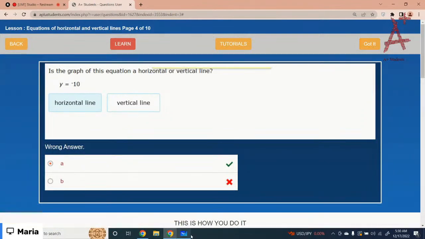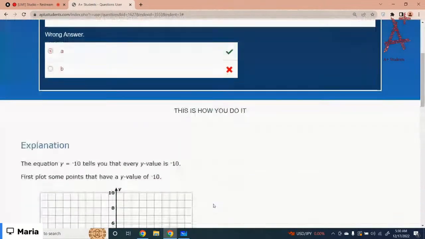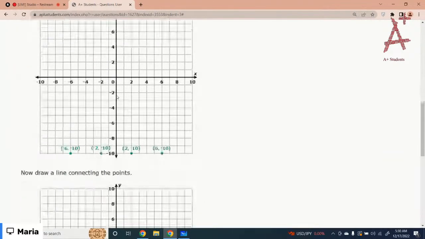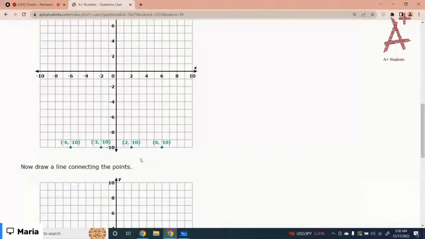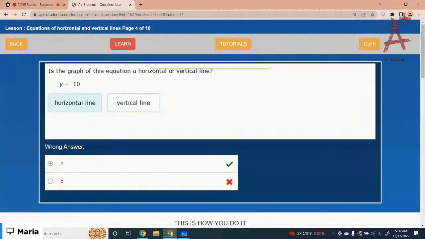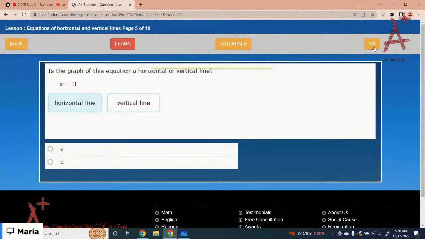Mm, y equals -10. So here you have -10. Okay, y equals, you are given with a y. Here is y equals. So that is the horizontal one. If you have the value given y, that means the graph is the horizontal one, and if you are given with the x value, that means the graph is the vertical one. Got it?